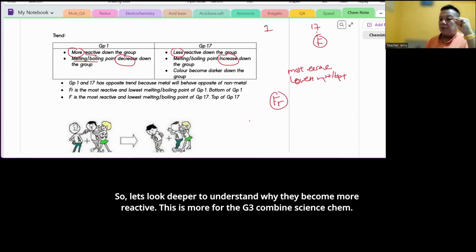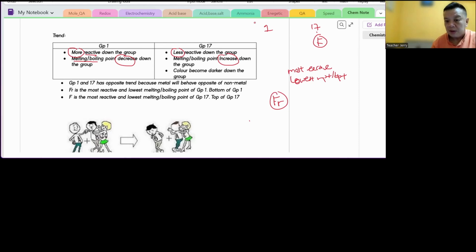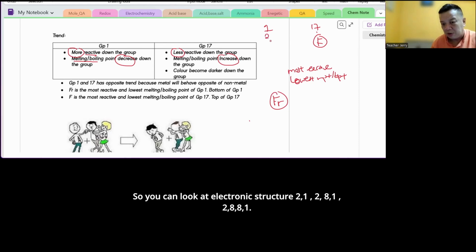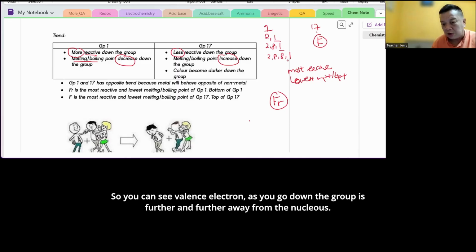All right, let's go a bit deeper to understand why they become more reactive. This is more for the G3 combined science class. You can look at the electronic structure: 2,1; 2,8,1; 2,8,8,1. You can see here the valence electron, as you go down the group, is further and further away from the nucleus.